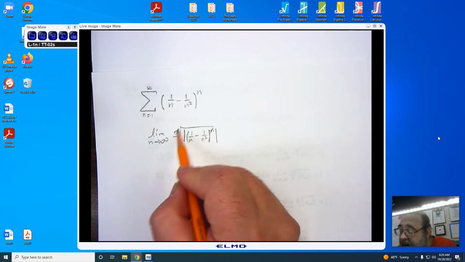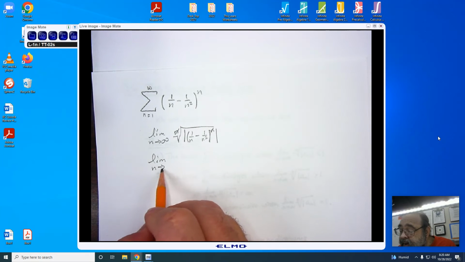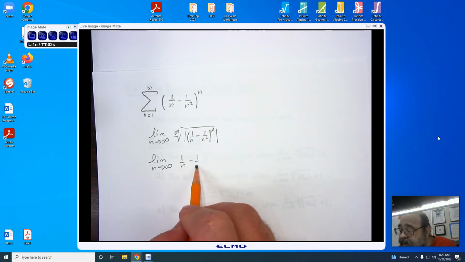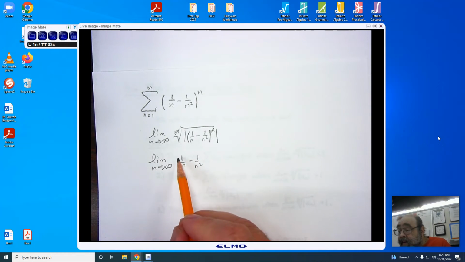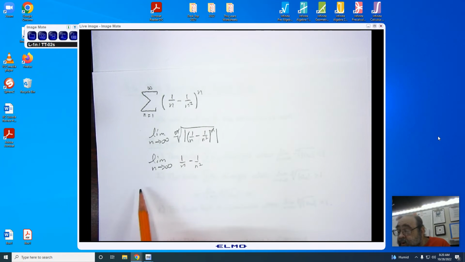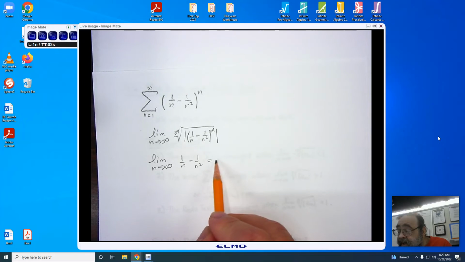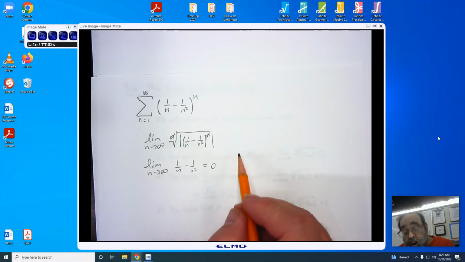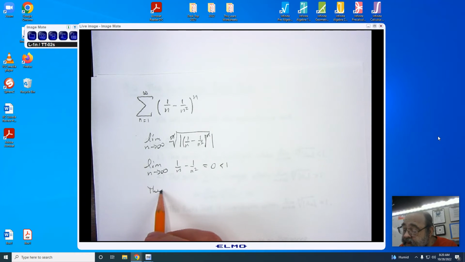The n's are going to cancel. I'm now looking at the limit as n approaches infinity of 1 over n minus 1 over n squared, and we know that this will now converge. Notice that the limit as n approaches infinity is 0, and 0 is definitely less than 1, and therefore this series converges by the roots test.